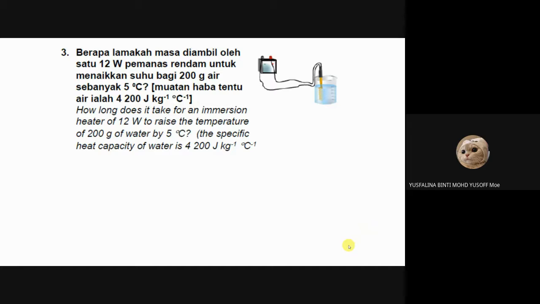Avinash, so what is the formula that you should use here? Not sure again, teacher. Okay. Did you already take out the info given in the question?